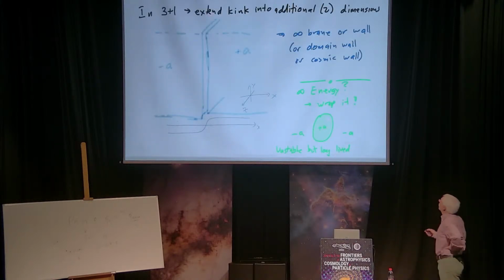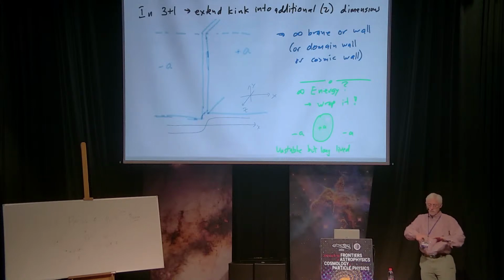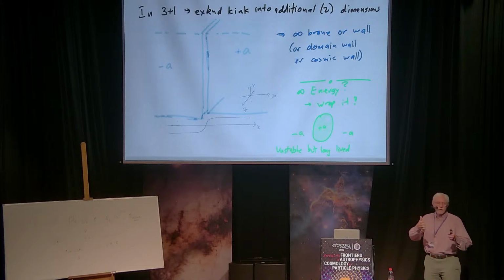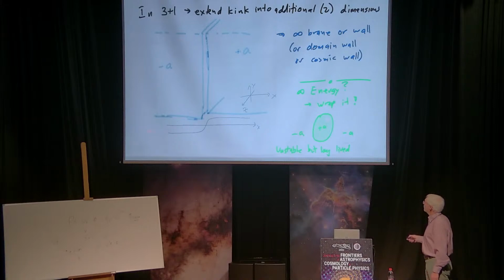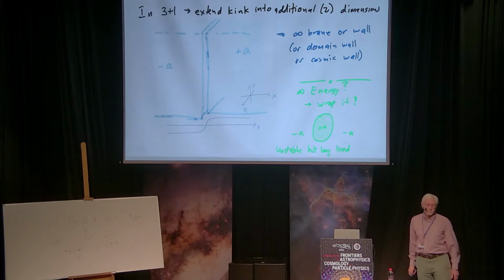Well, imagine now I take this thing, which is in one spatial dimension, and just copy it into 3 dimensions. So there's one direction here, which is the x direction that we had before, and the field does that. And then the other 2 dimensions just go along for the ride.